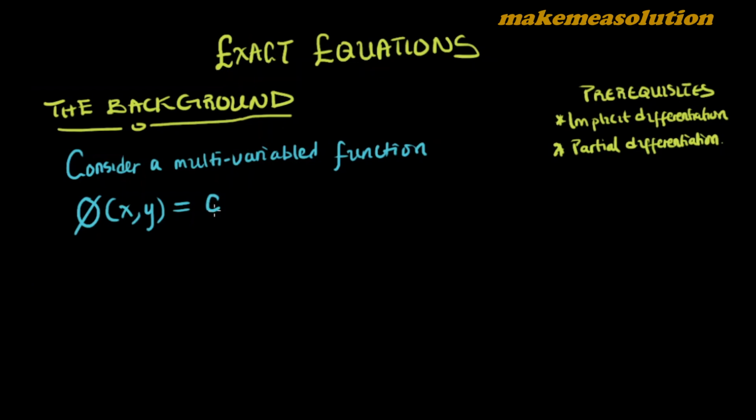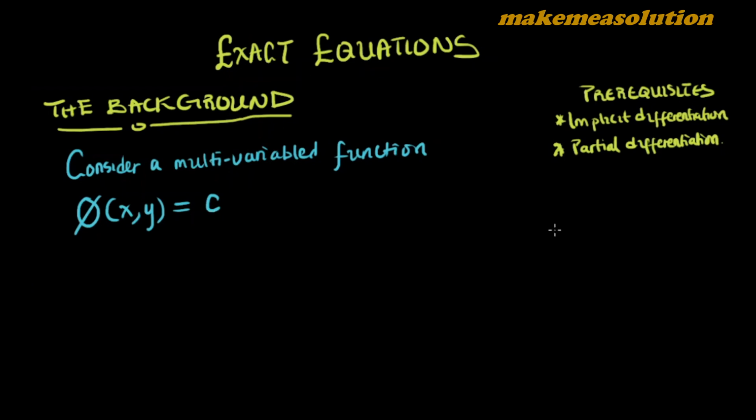So first of all, what is a multivariable function? A multivariable function is, as its name implies, it contains different independent variables. It could contain two independent variables, it could contain three, could contain an infinite number of independent variables, or a particular finite long set of independent variables.